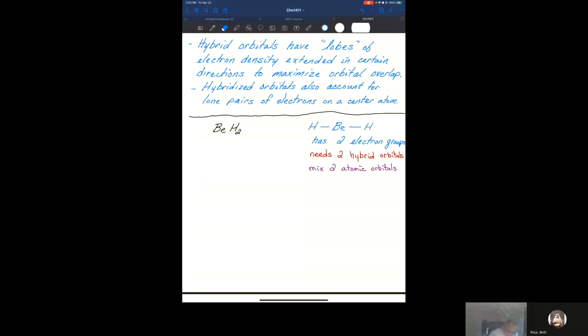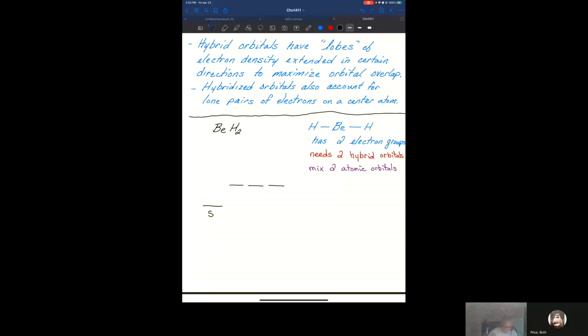In the case of making hybrid orbitals, we don't include quantum numbers.